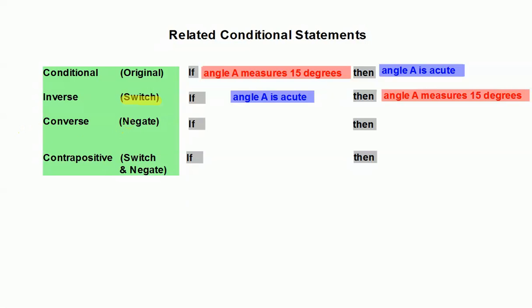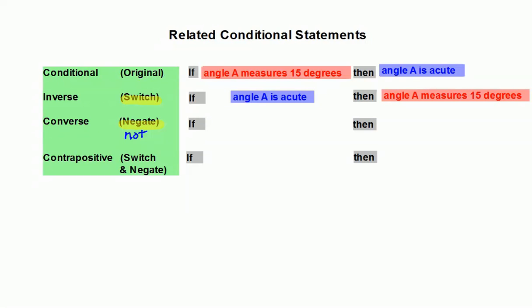The next one is called the converse. The converse is called negate. Okay, negate means to use the word not. So what we're going to do is take our original statement.